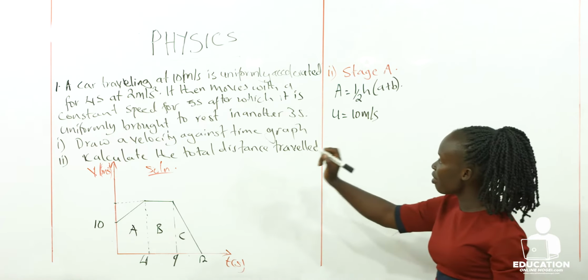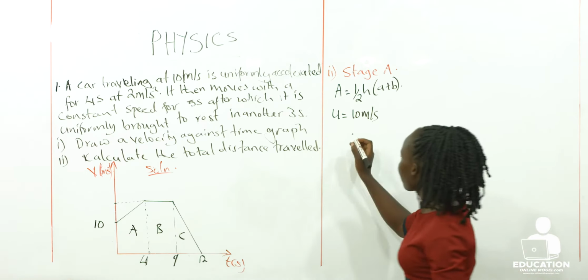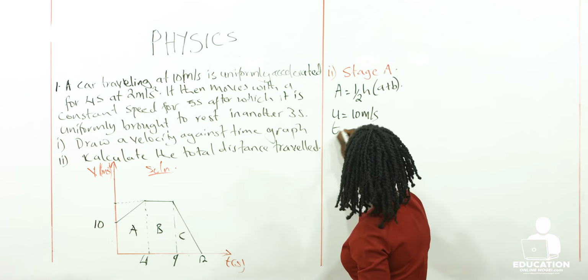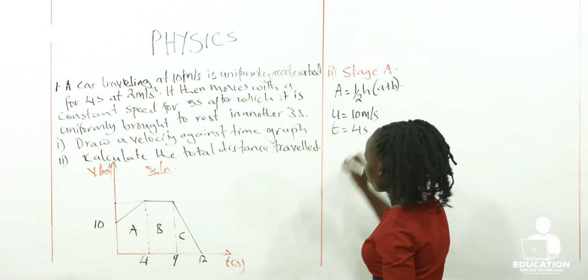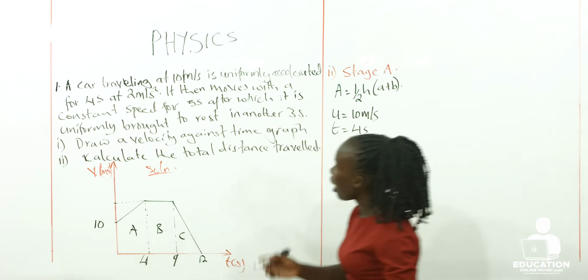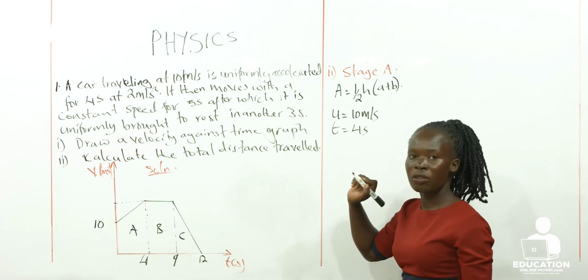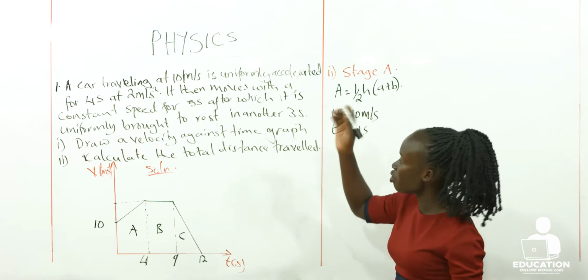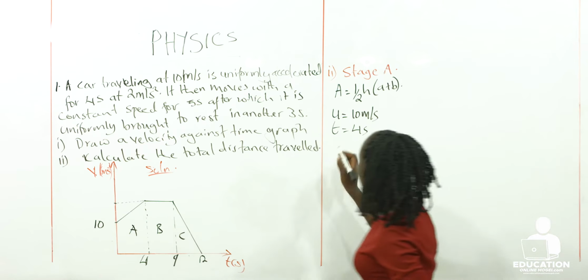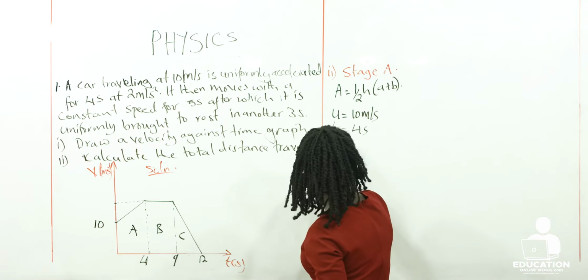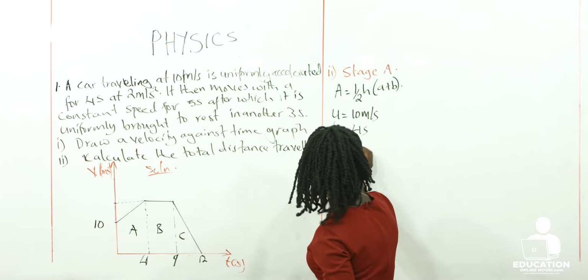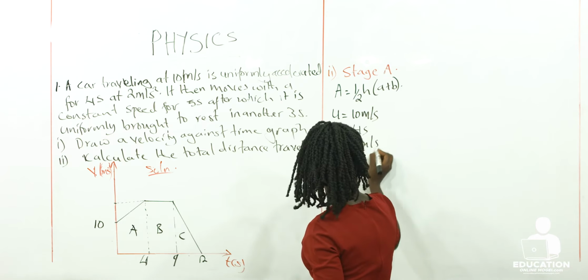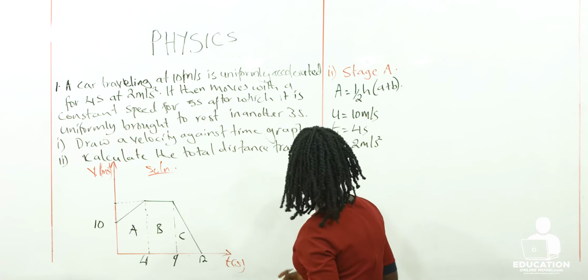It was accelerated uniformly for 4 seconds. So our time interval there was 4 seconds at 2 meters per square second. So that one is our acceleration, which is 2 meters per second squared.